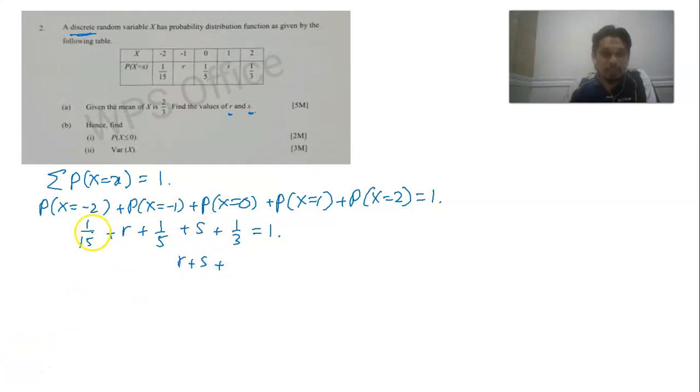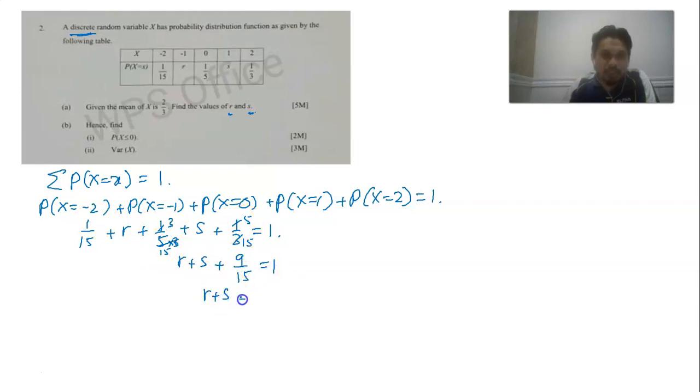So then r plus s plus 1 over 15, make the denominators 15: 5 times 3 equals 15 and 1 times 3 equals 3, and 3 times 5 equals 15, 1 times 5 equals 5. So all the denominators are 15 now. 1 plus 3 equals 4, 4 plus 5 equals 9 over 15 equals 1.